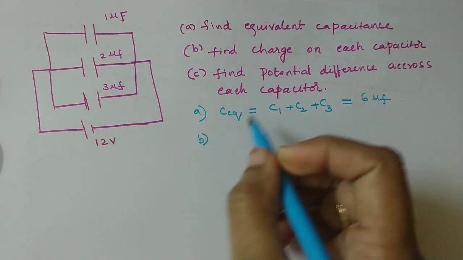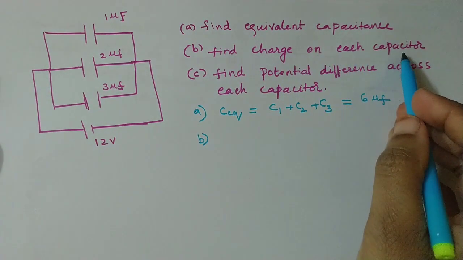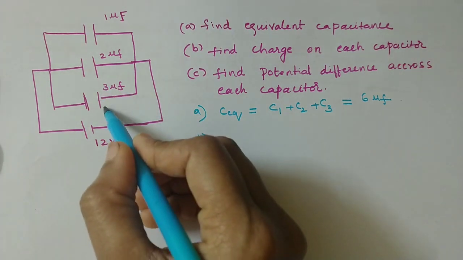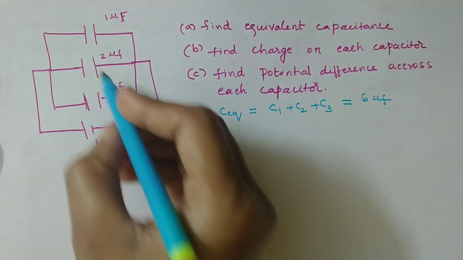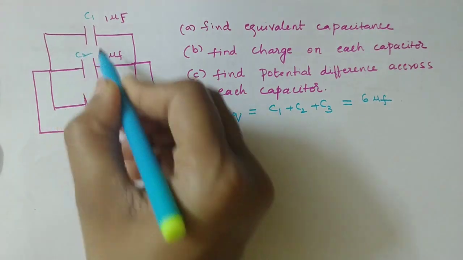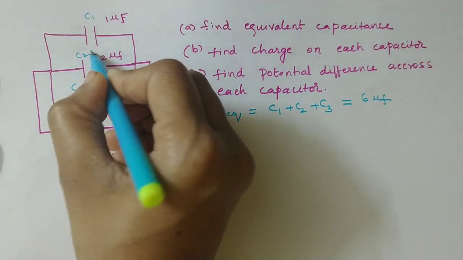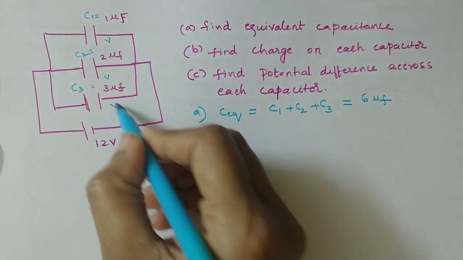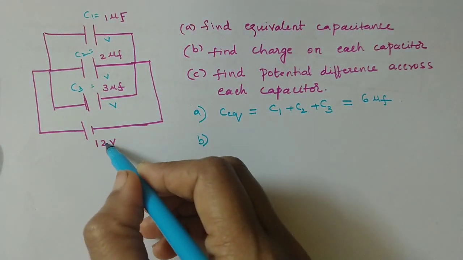Then coming to the B bit, you need to find the charge on each capacitor. As I have already told you, in parallel combination, potential remains constant throughout. So if I call these C1, C2 and C3, the potential difference across all of them is the same and is equal to 12.